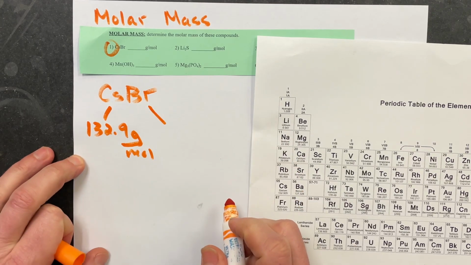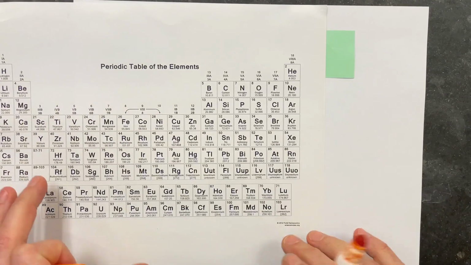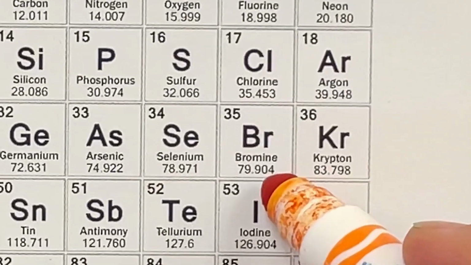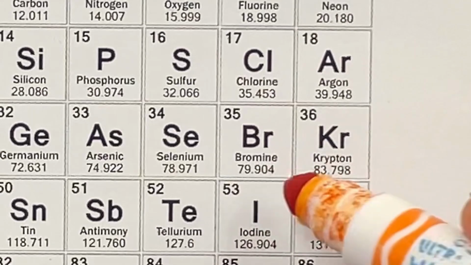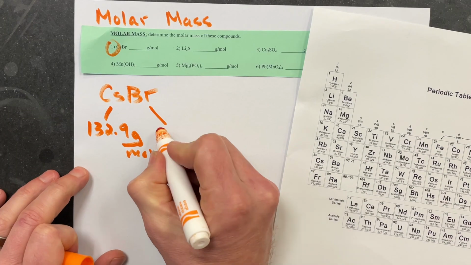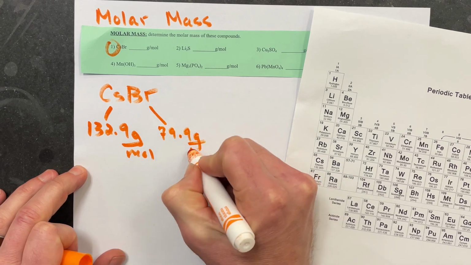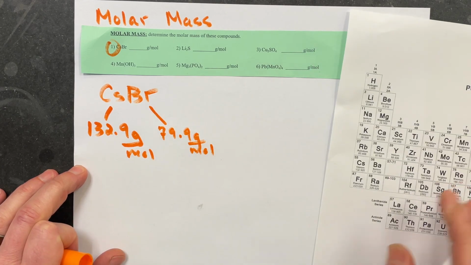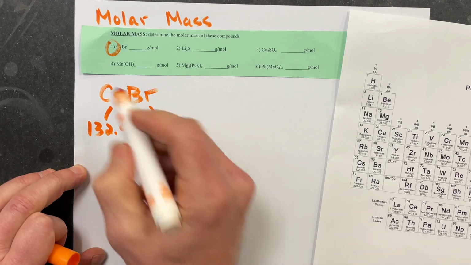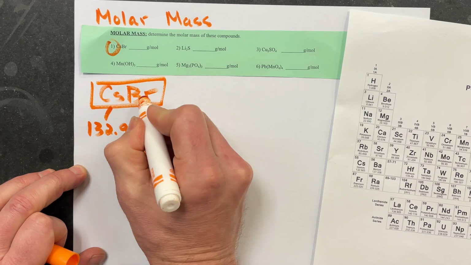And bromide here, we find bromide on the periodic table. It's right over here, one of our halogens, 79.9. So we'll jot down 79.9 for bromide, and that's grams per mole. And the way that we find the whole molar mass is we see that it is 1 cesium and 1 bromide.